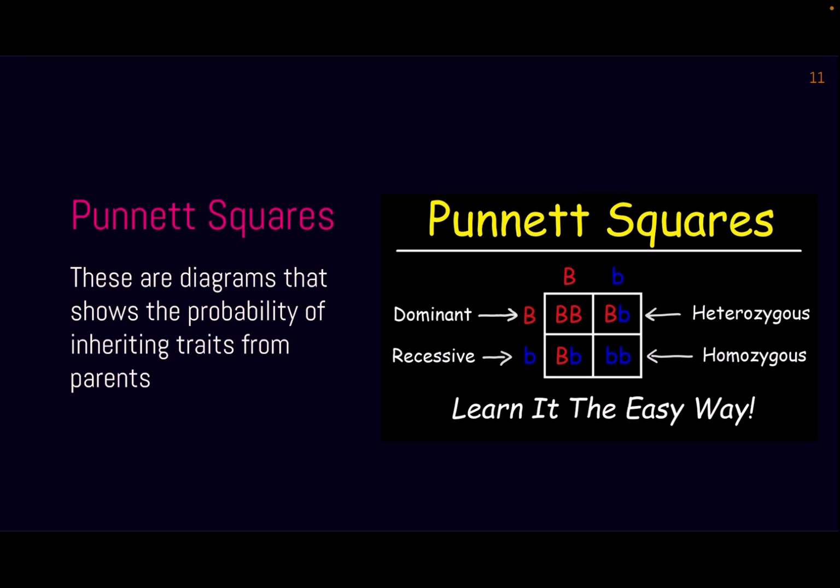On the left side of the square, you'll see that there is a big B, little b. The big B, which is red, is dominant. The little b is blue and it's recessive. We also have the other parent on the top, which is where we have the big B, little b.